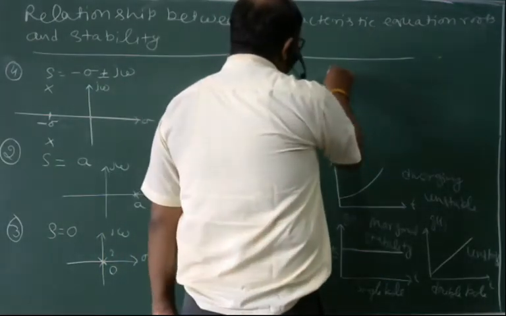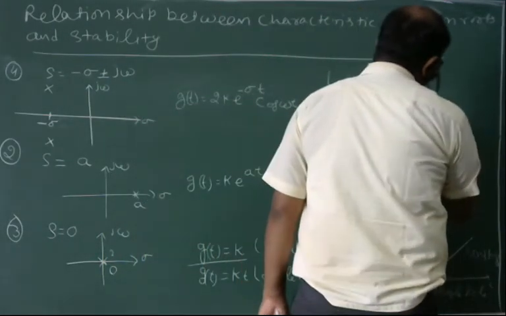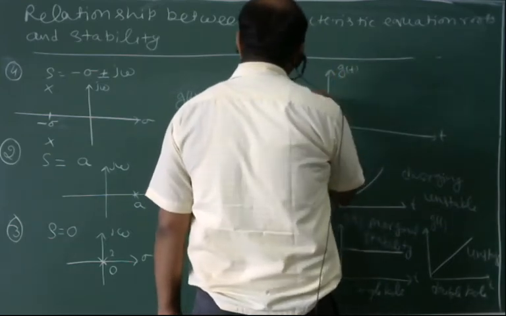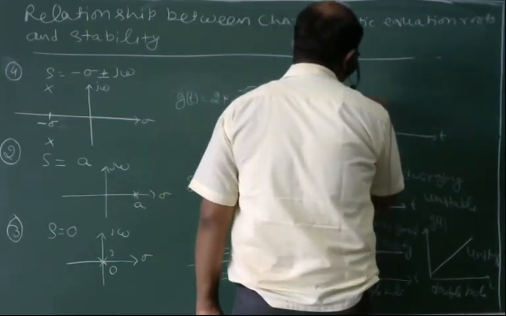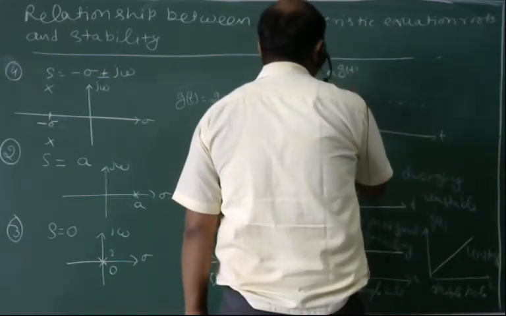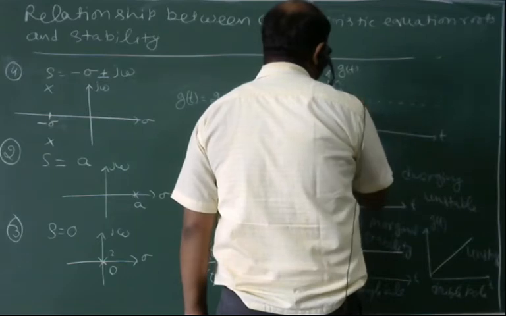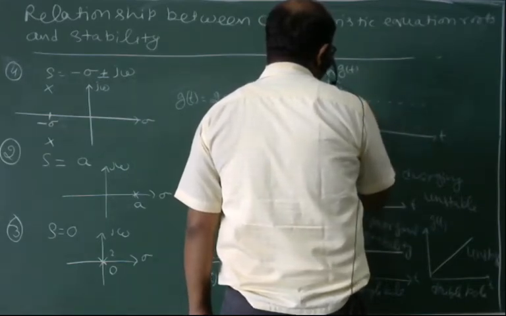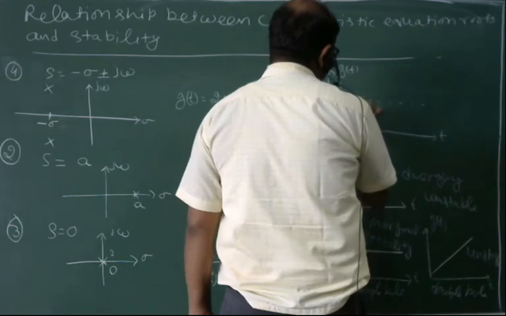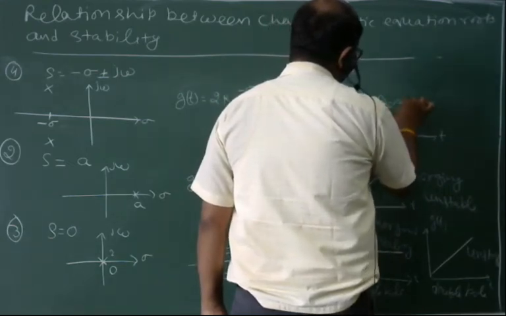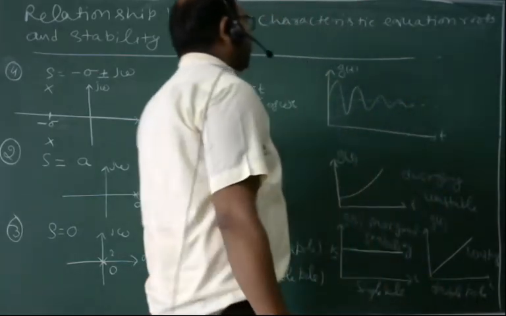And the graph between g(t) and t will be like this.